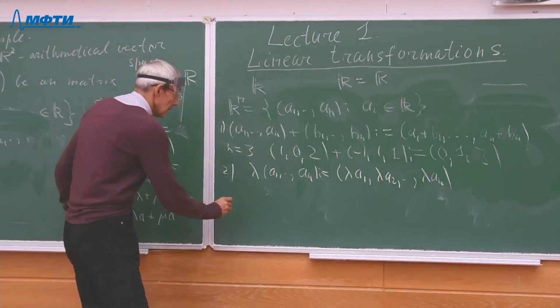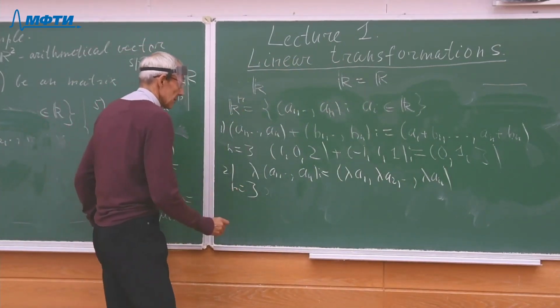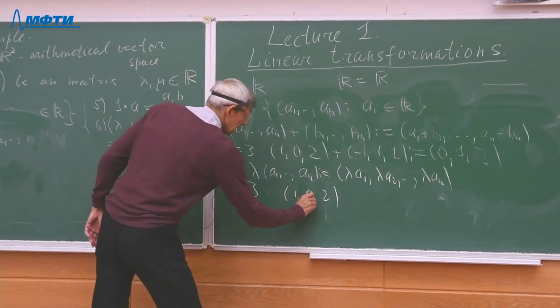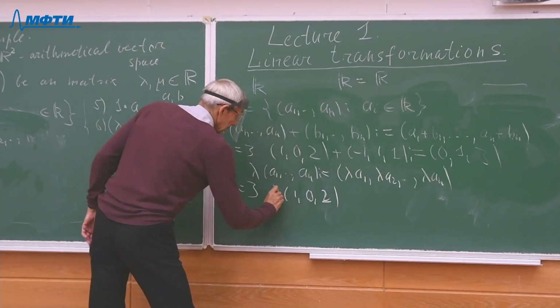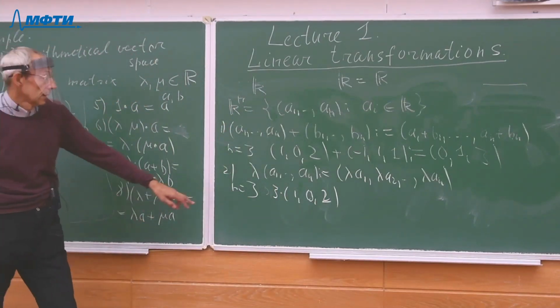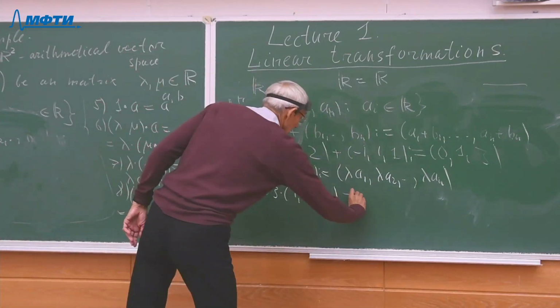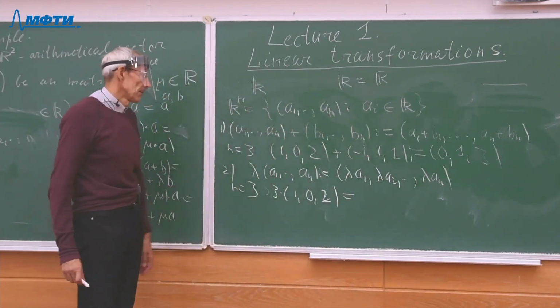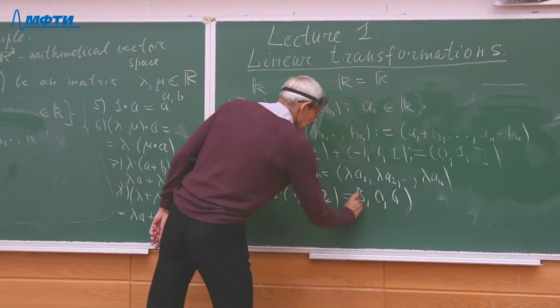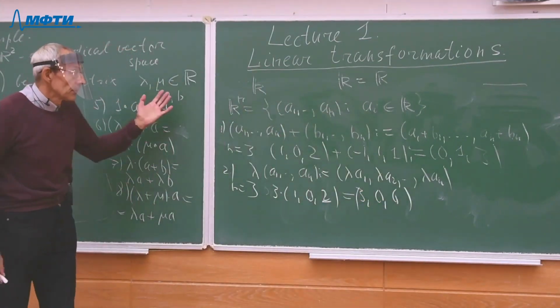For example, n is equal to 3, 1, 0, 2, and I want to multiply by the number 3. I will obtain 3, 0, 6.